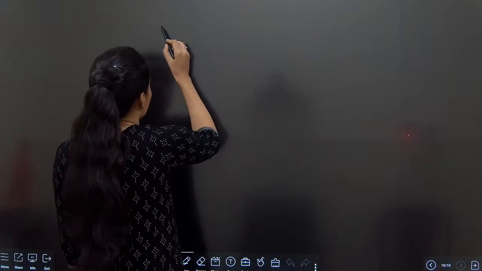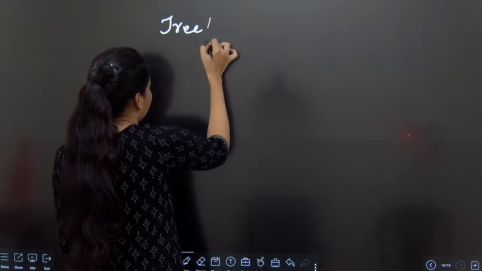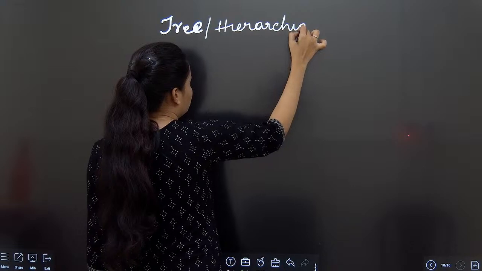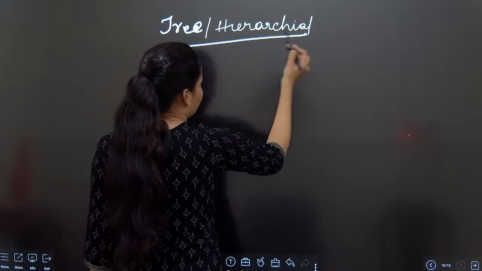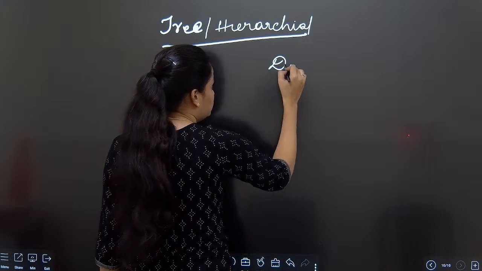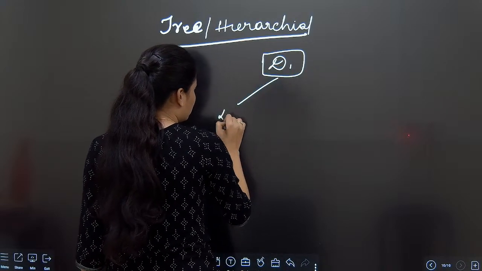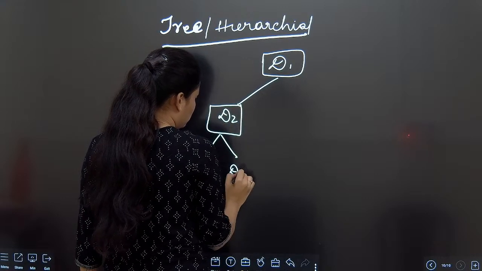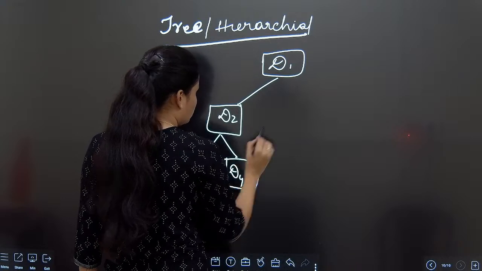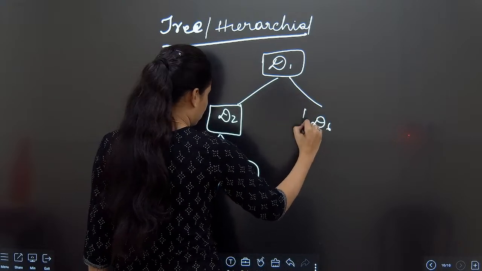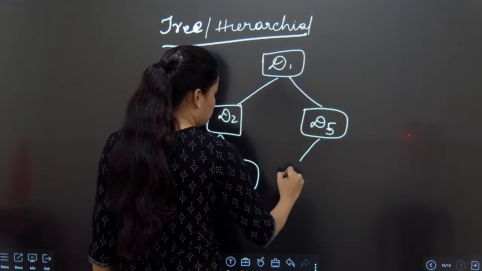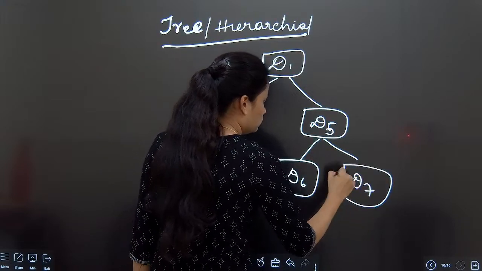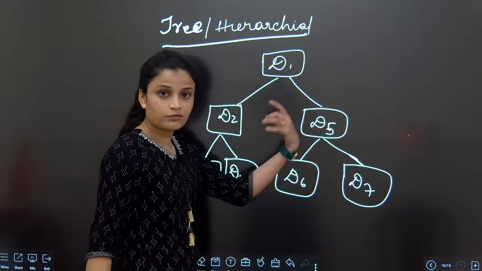And next one is tree or hierarchical level. It will be present in the form of a tree.